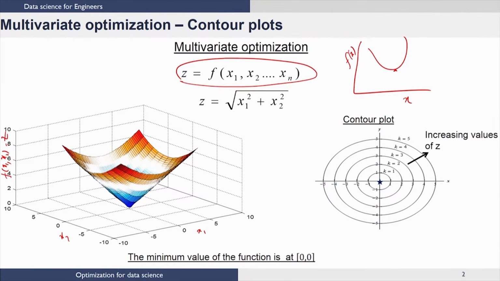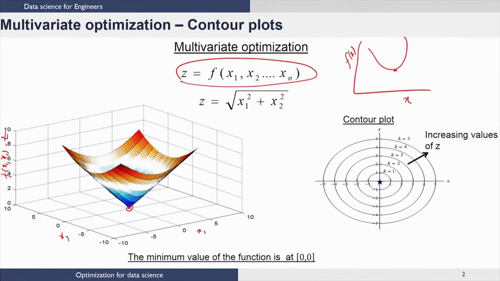So, let us look at how we think about unconstrained optimization when there are multiple variables. Take this picture for example. On the left hand side of the slide, you will notice that the minimum point is somewhere around here, which in this case happens to be 0, 0. This is touching the x1 x2 plane and the minimum point is 0.